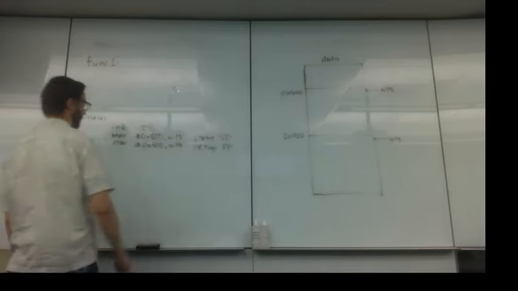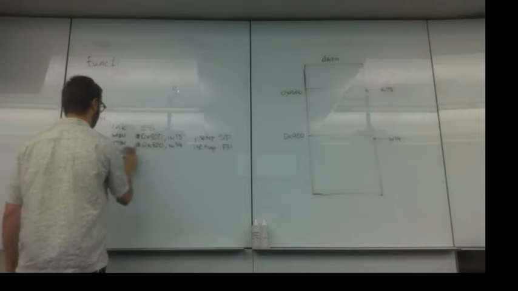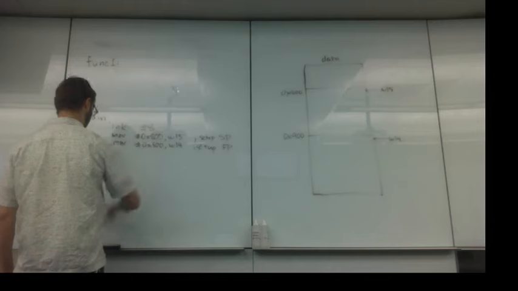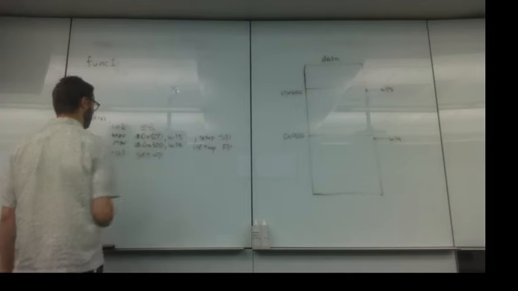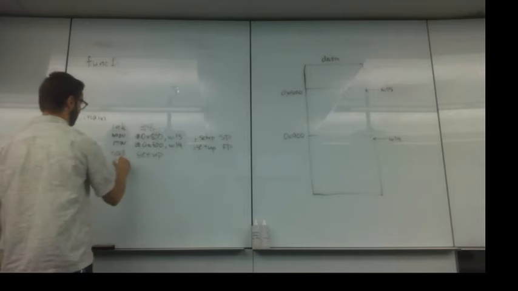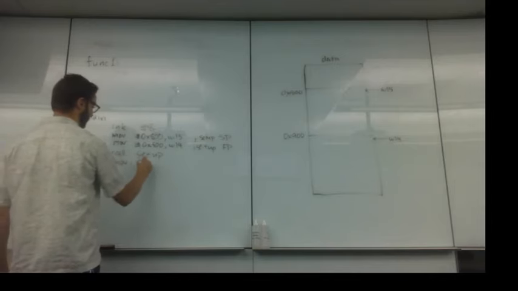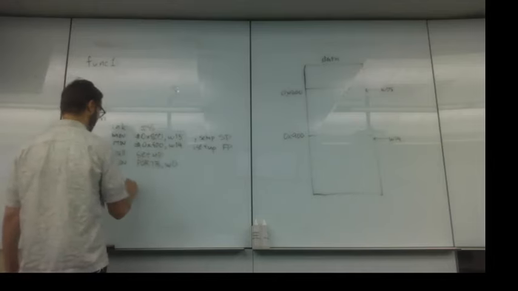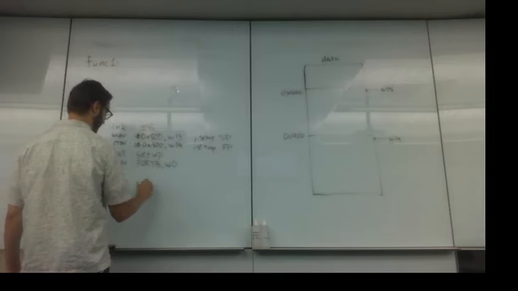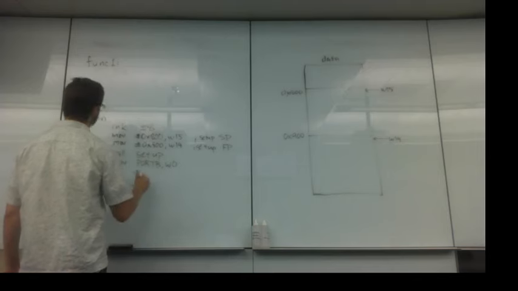And we're gonna move. We're gonna do our call setup, which sets everything up that we want to. Then we're gonna move port B to W0. And then down here we're gonna do our call, sorry, func1.